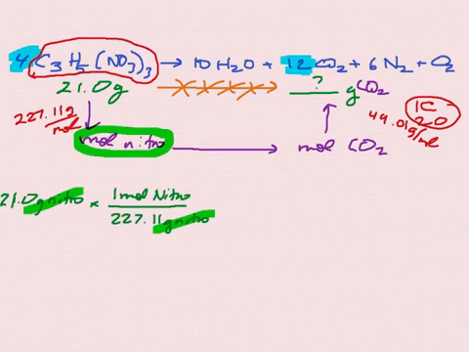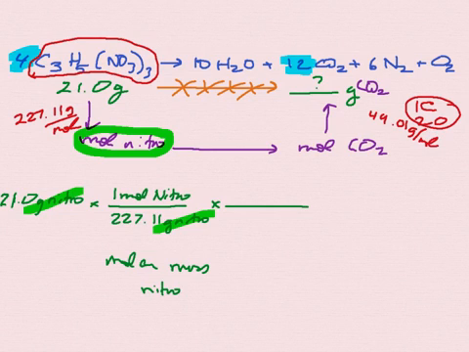So I want to go onward, and I want to change from moles of nitro to moles of carbon dioxide. So this step that I just did was the molar mass of nitro. Now I'm going to convert from moles of nitro to moles of carbon dioxide. I'm going to do this step. Step 2.